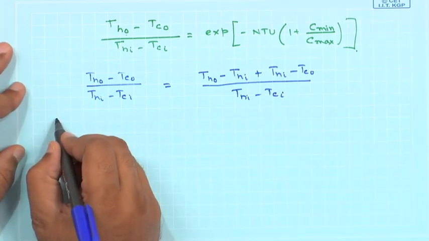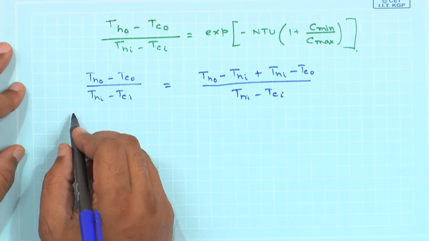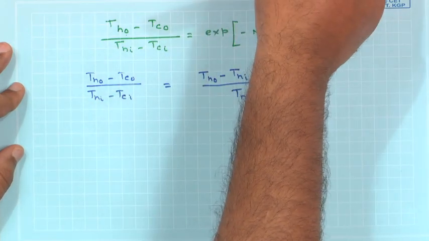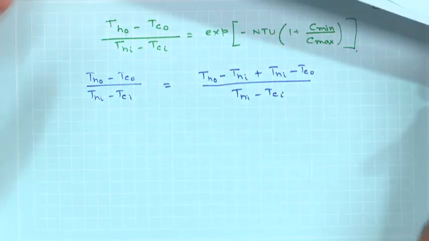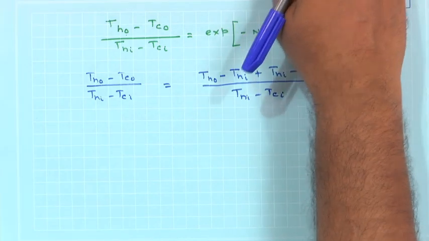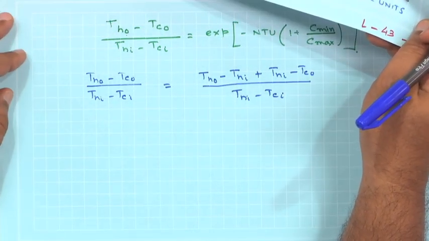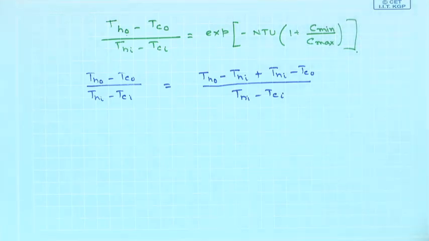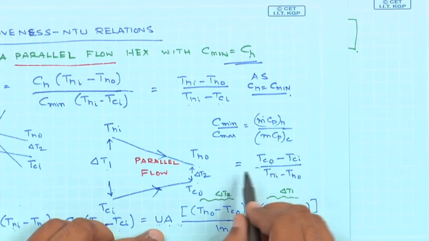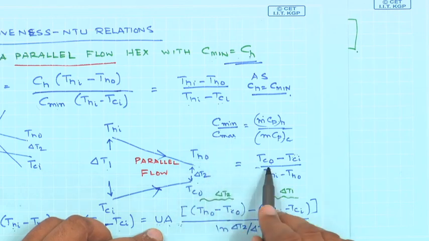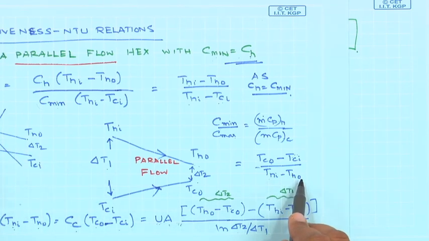And from our previous expression, which we have done at the beginning, C minimum by C maximum we have obtained as TCO minus TCI by THI minus THO.